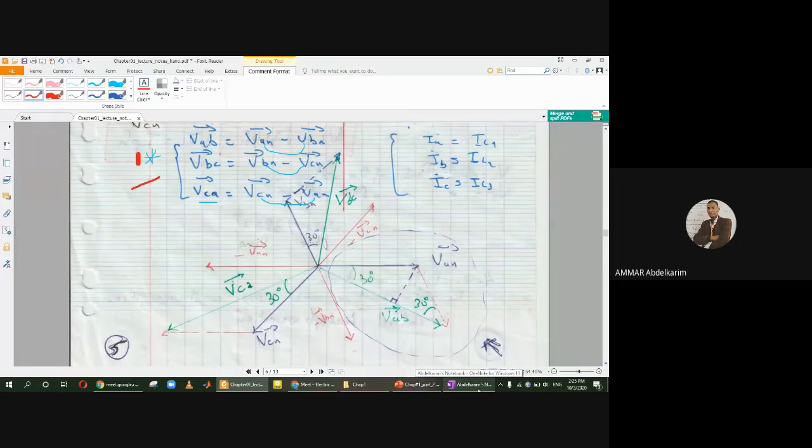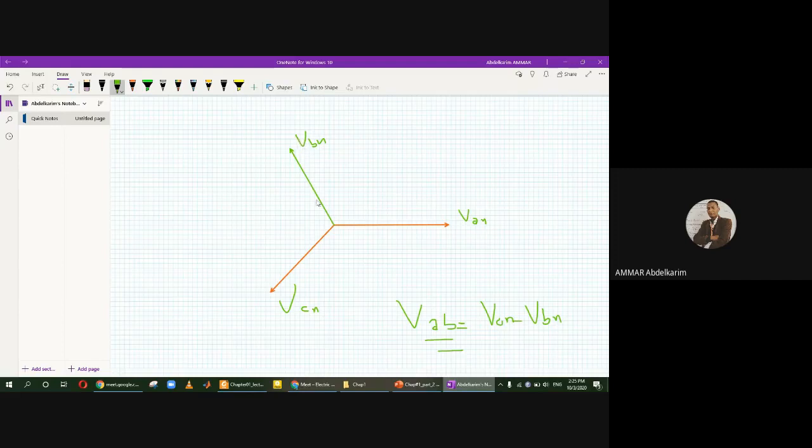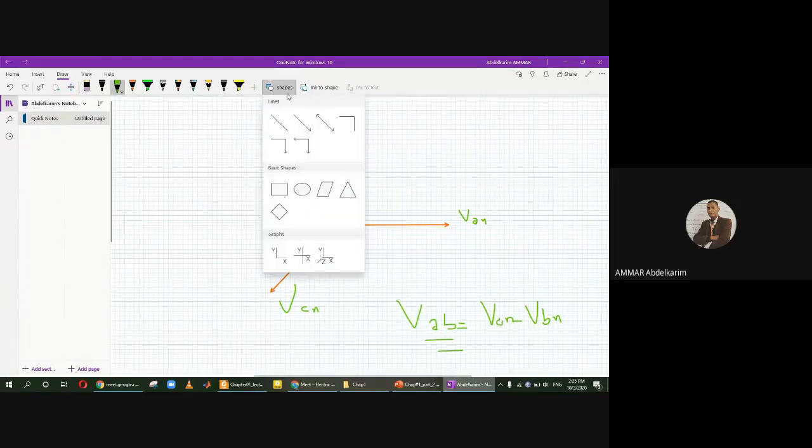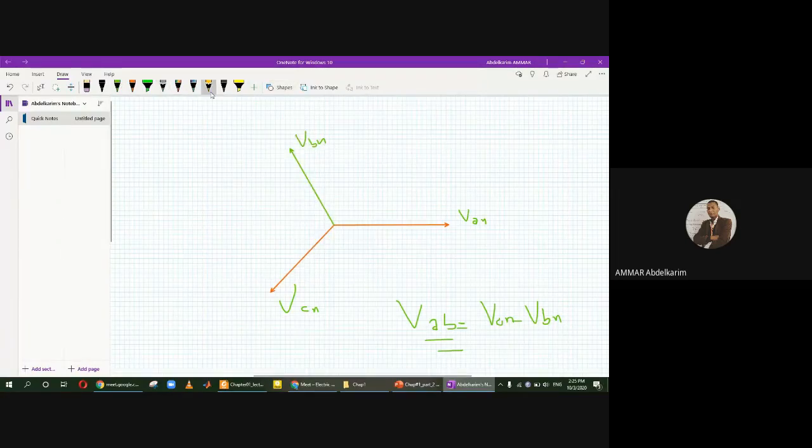Here we have VAN minus VBN, so we draw minus VBN. Let's choose another color. We draw minus VBN like this.